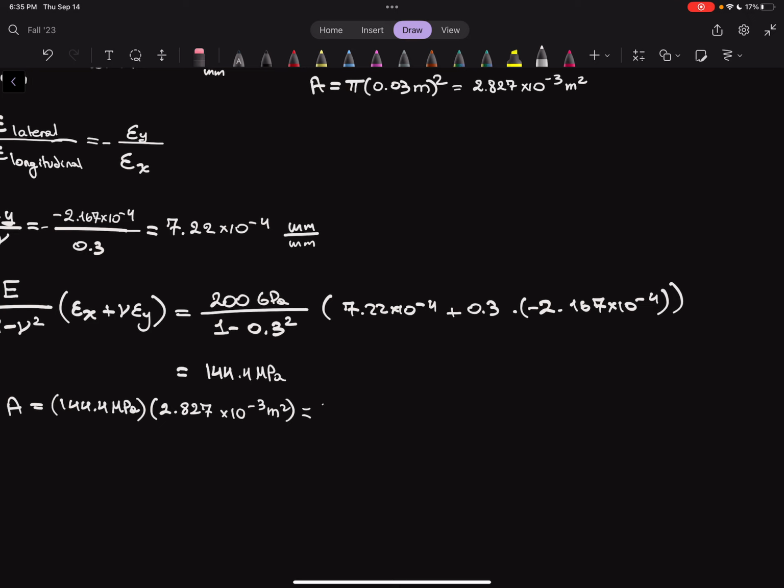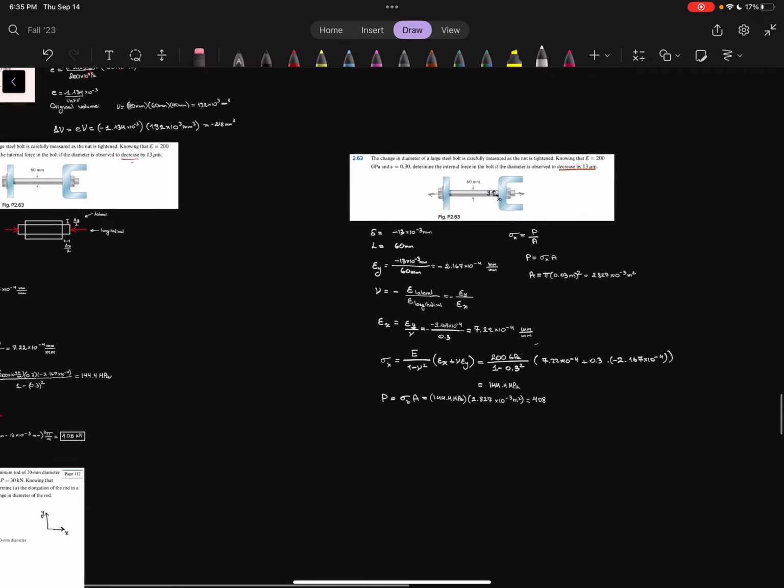What I get as a result is 408. Remember, that was megapascals, so I have to think about the units, because here I have 10 to the negative 4, but if I multiply by 10 to the 6, it's going to be 408. Is that it, or is there more to that?